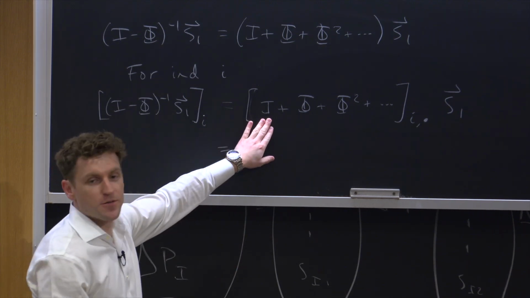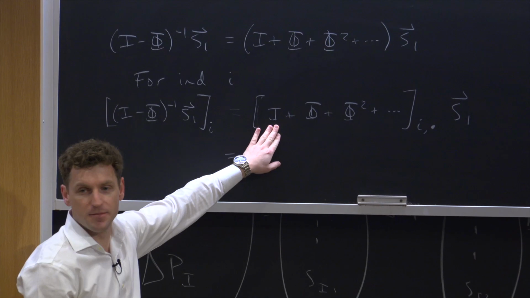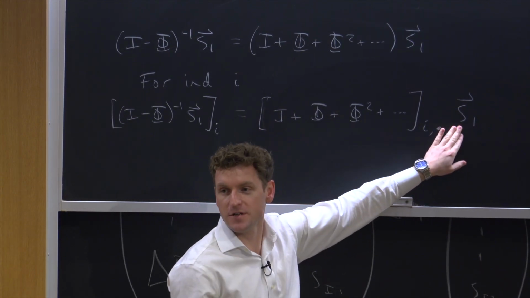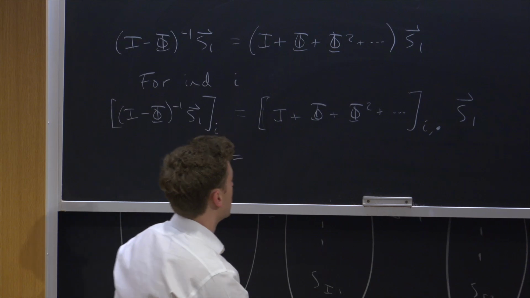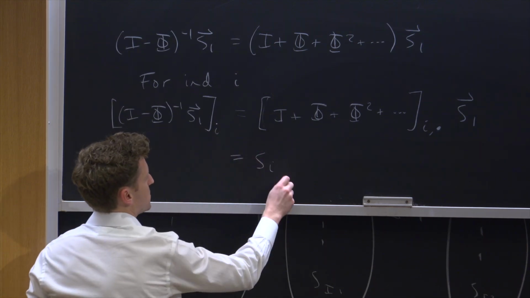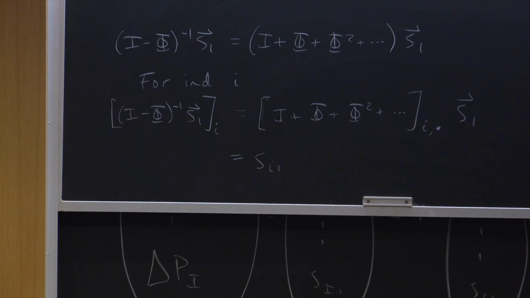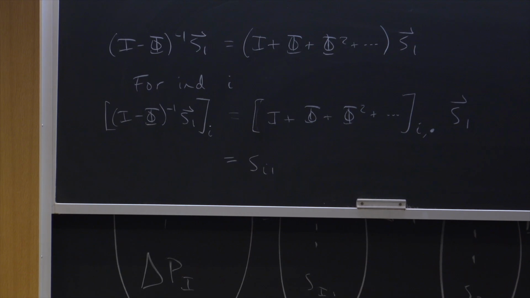Well, what is the ith row of the identity matrix times this whole vector of initial cost shares? It's really just for industry i, the direct cost share that it has in oil. So for our chair manufacturers, I said they basically don't use oil at all. This share is going to be essentially 0.